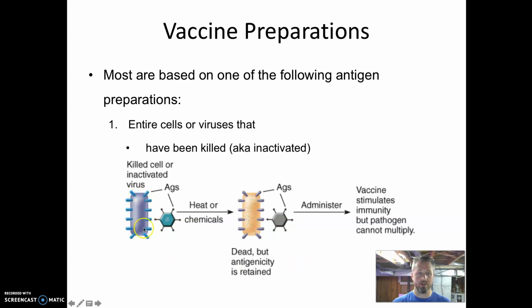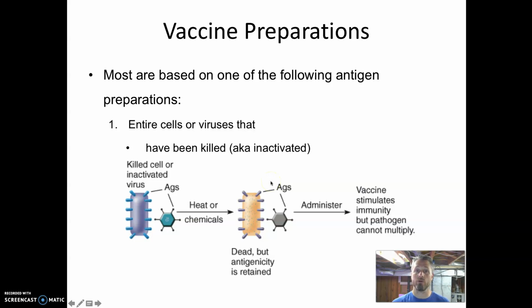So here we could have a bacterial cell or a virus that is capable of causing disease. We would never want to inject that into a person because they would get sick. Instead, if we treat it with heat or chemicals, we get dead, inactive cells and viruses that are no longer capable of causing disease.